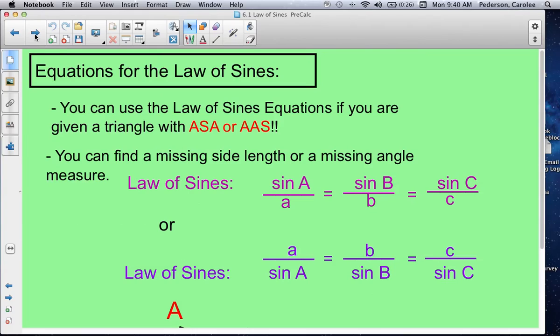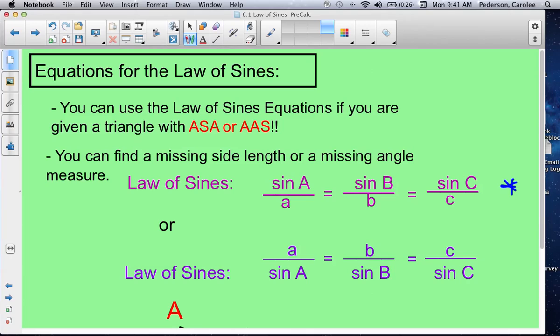So the first thing is, what is the law of sines formula? In your notes, you can go ahead and write down this piece. You're going to be setting up a proportion equaling a proportion. You choose two of the three fractions, set them equal to each other, cross multiply, and solve for the unknown piece.